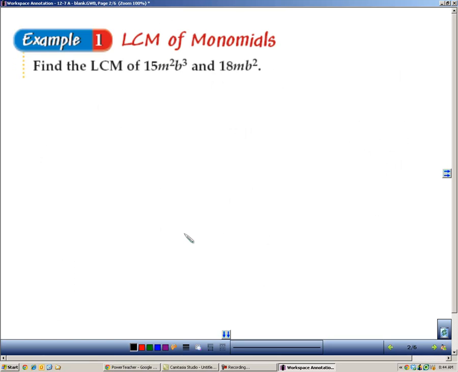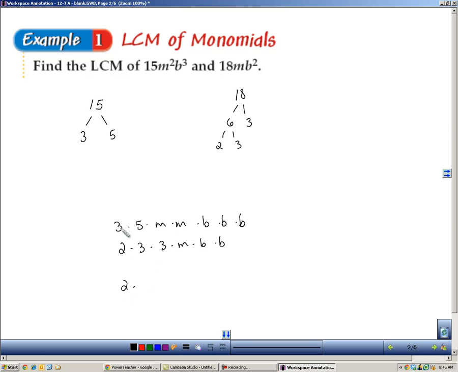Here we're asked to find the least common multiple of 2 monomials. We'll start by creating the prime factorizations. Now if you don't need to do the factor trees, that's fine, you don't have to, but you do need the prime factorizations, and you take every factor the maximum number of times that it appears. So here I see a 2, I see a 3 on top and two 3's on the bottom, so I take the maximum number, I take 2 of them.